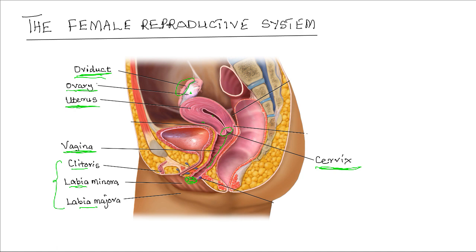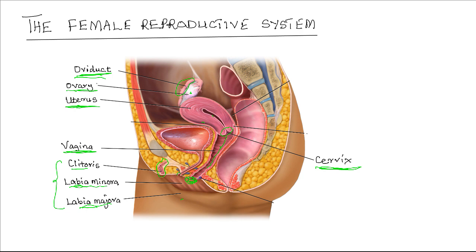Then the vagina opens to the exterior, and the opening is covered by folds of skin. The inner smaller known as the labia minora and the outer larger known as the labia majora. Then just above the vaginal opening, there is an erectile tissue known as the clitoris.